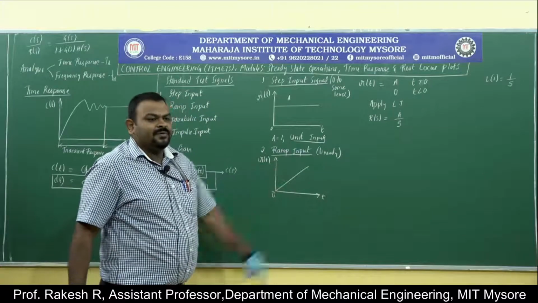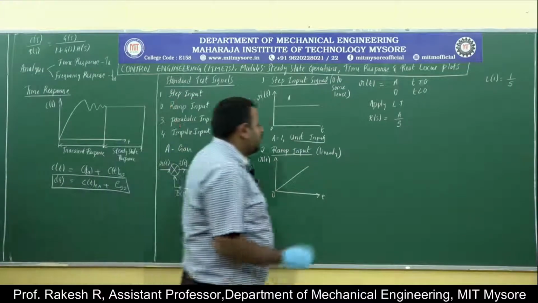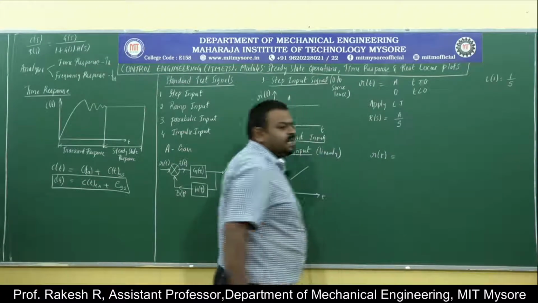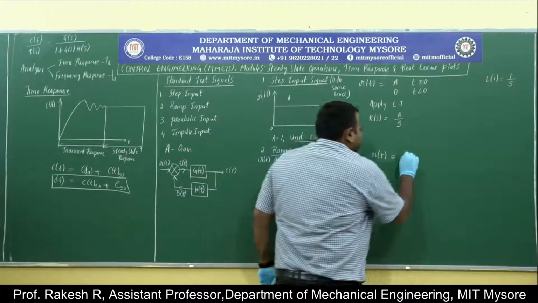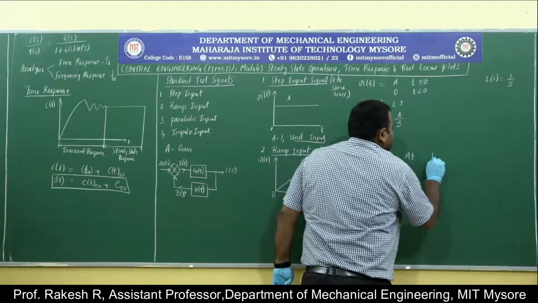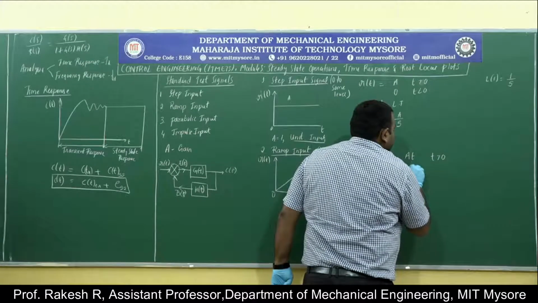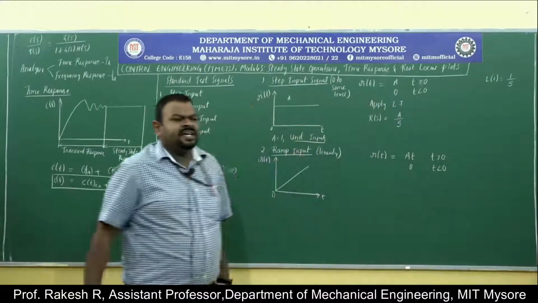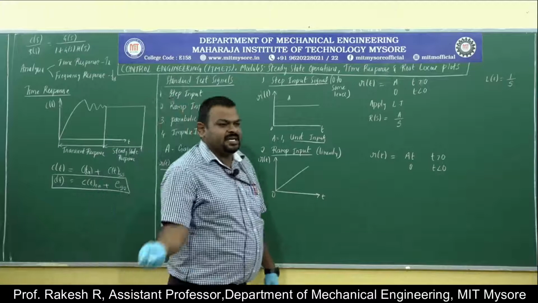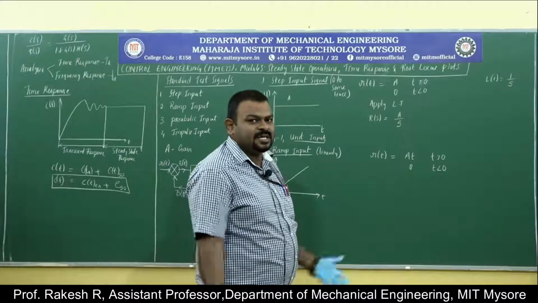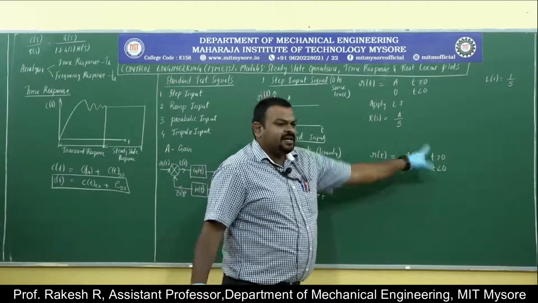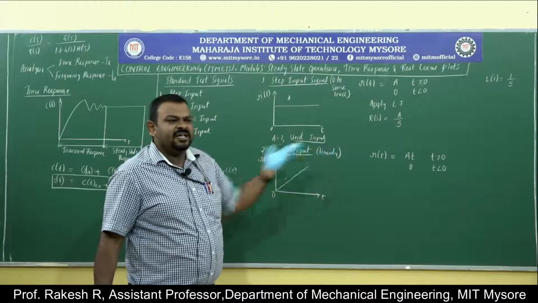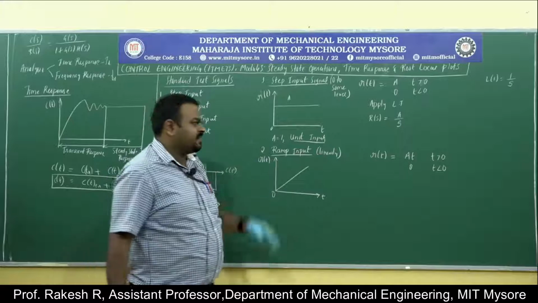Again I will recall R of t for ramp input. It will be equal to A into t if t is greater than 0, 0 if t is less than 0. Again, basic line equation y is equal to mx plus c. Here we are not considering c, just mx. It is just like mt, where m is a constant, here we have taken that as a gain.